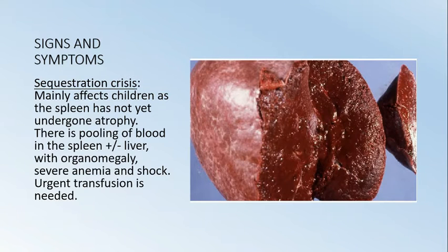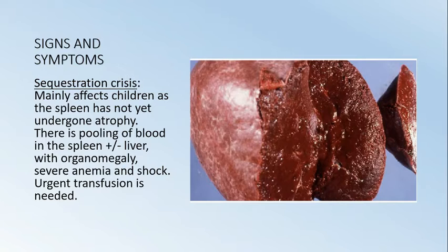Next is sequestration crisis, and this is mostly linked with splenic sequestration and is very common, and sometimes with the liver as well. So it mainly affects children, as the spleen has not yet undergone atrophy. With this, repeated microinfarction can destroy tissues having microvascular beds prone to sickling.